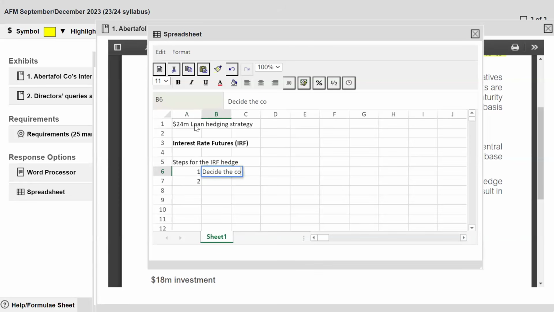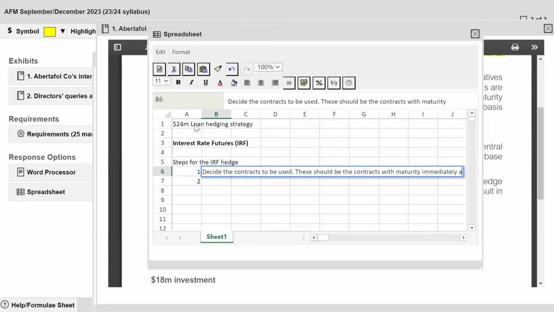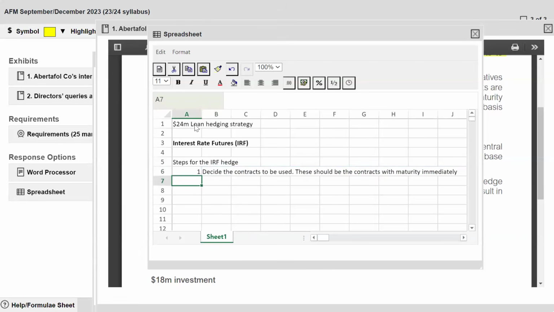Decide the contracts to be used. These should be the contracts with maturity immediately after the borrowing or lending date.